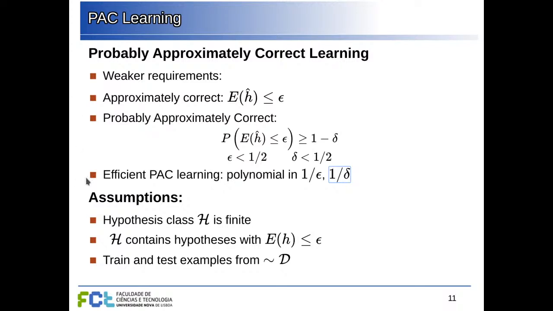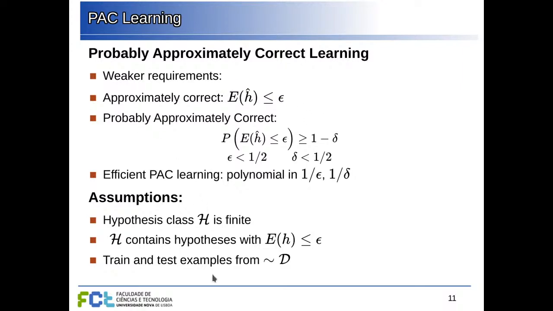Now, to see where this leads us to, we're going to assume that the hypothesis class is finite and that it contains hypotheses for which the true error is below epsilon. Note that if there are no hypotheses in the hypothesis class that meet this requirement, then there is no chance that we're going to find one with that error.